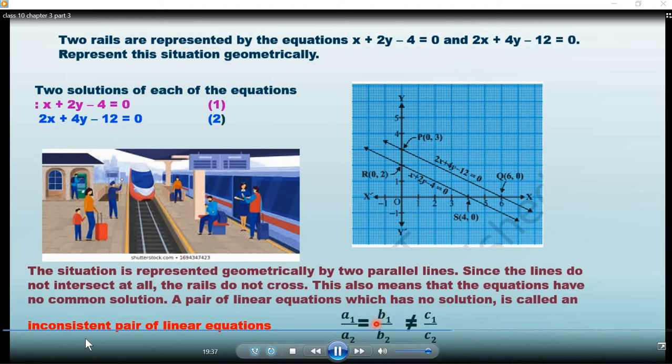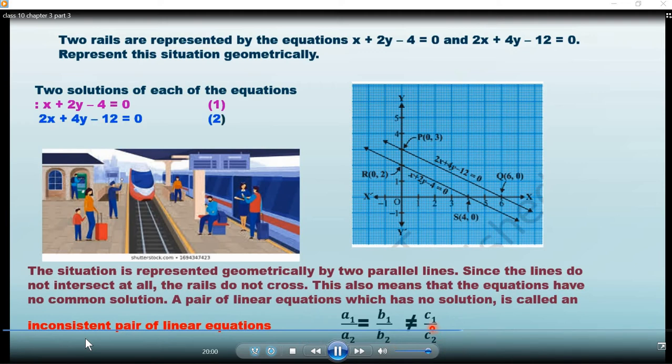It means a1 upon a2 and b1 upon b2 were equal, but they were not equal to c1 upon c2. So remember this condition. This condition is for parallel lines.